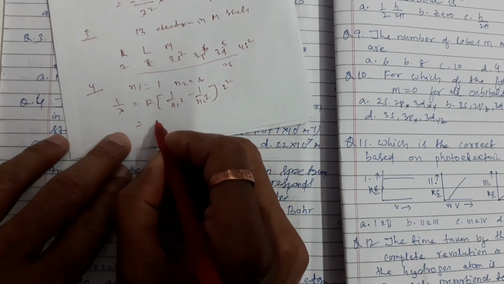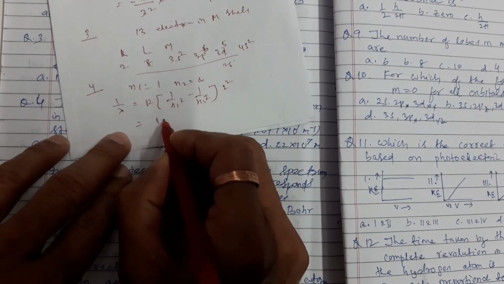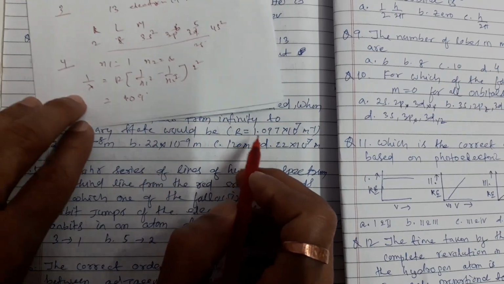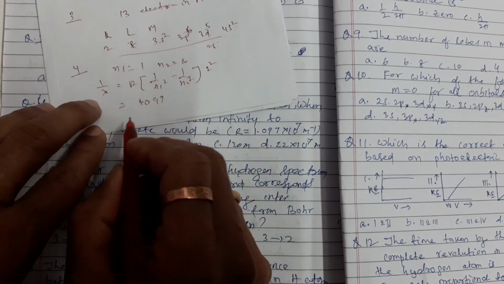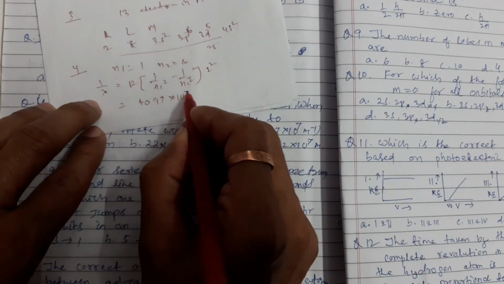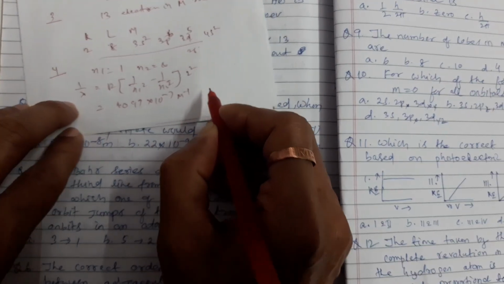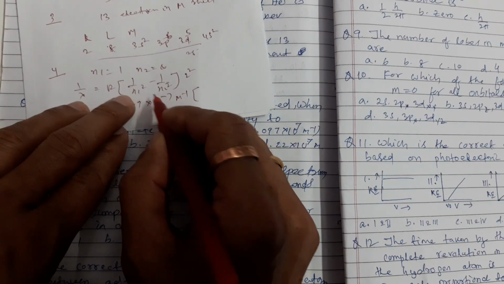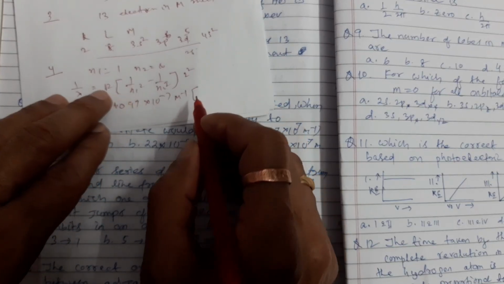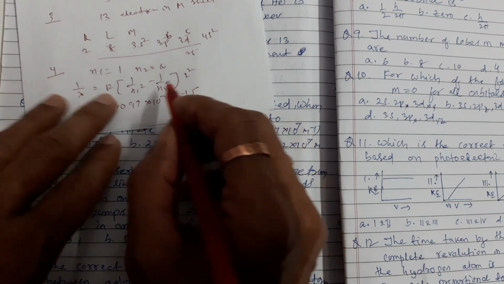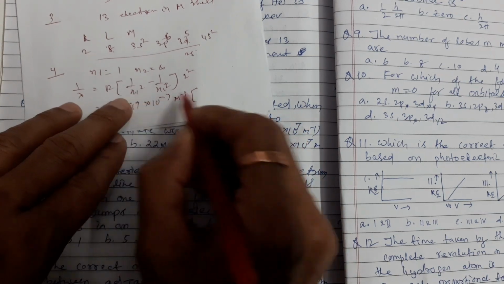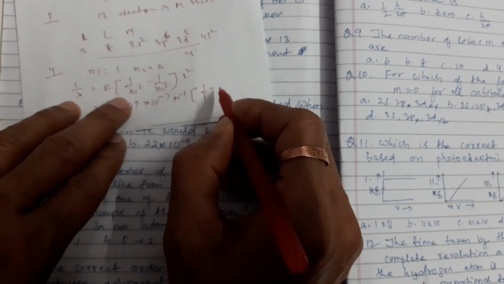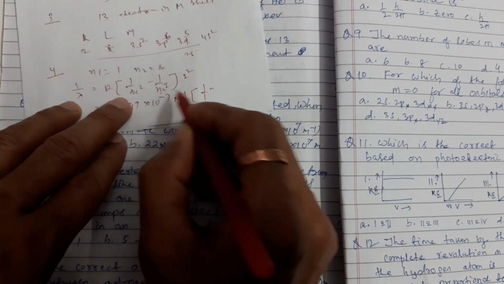R is 1.097 multiplied by 10 to the power 7 meter inverse. Here you take 1 by n1 square, that is 1 by 1, minus 1 by infinity, that is 0.